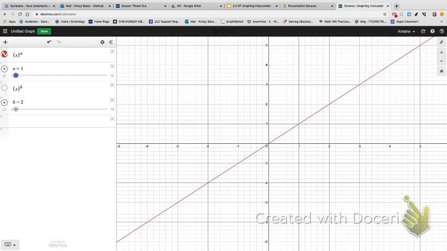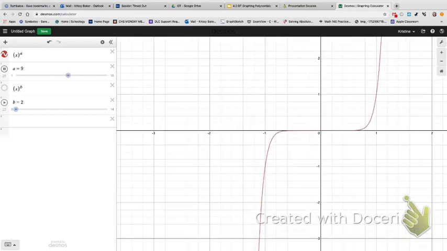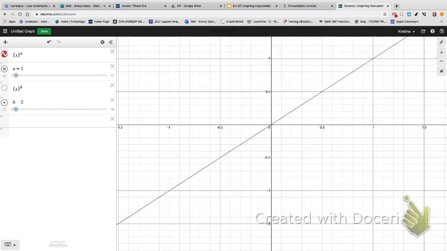Well, if I move that to 3, it still crosses, but if you notice, it bends and gets a little bit flatter as it gets closer. If I move that to 5, it still does the same thing, but it gets flatter, and that's going to continue as that value gets larger. If you want to watch that run, as that exponent increases, it still crosses, but it's getting flatter and flatter and flatter through that point.